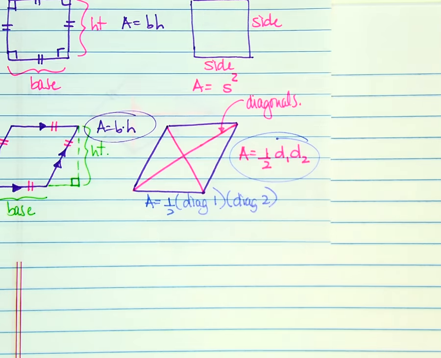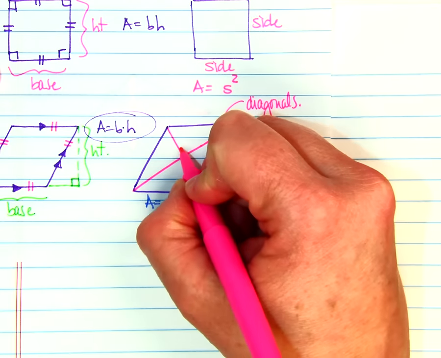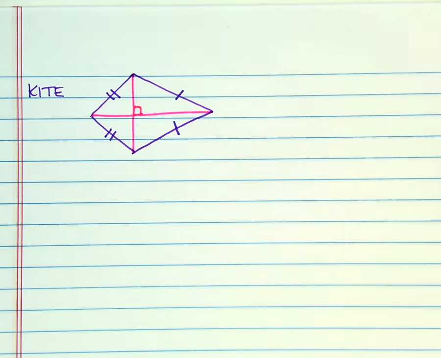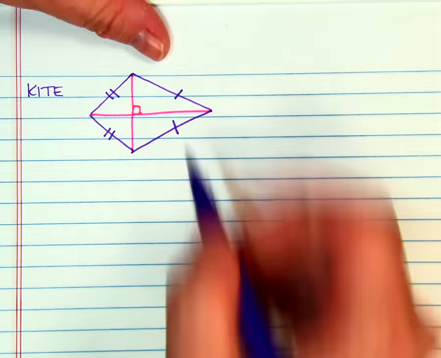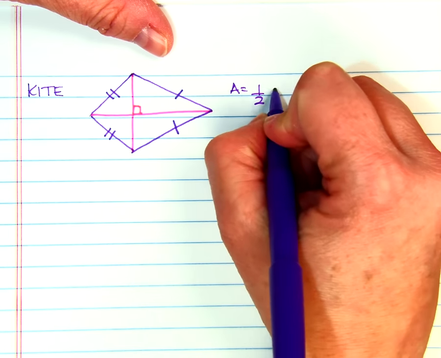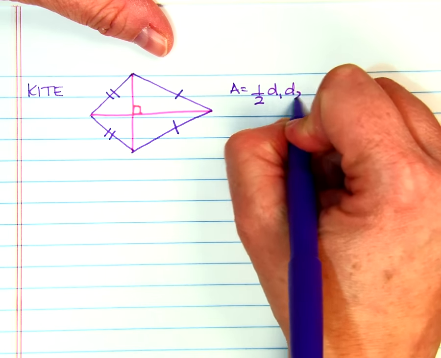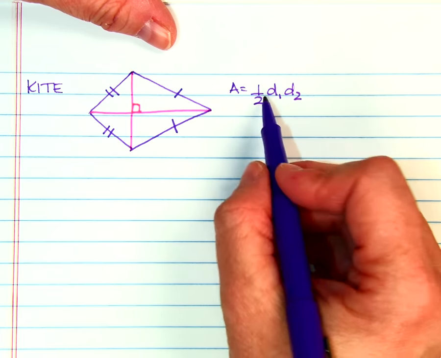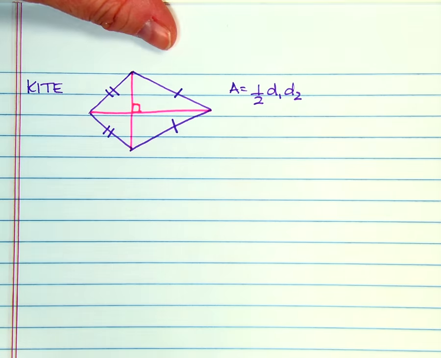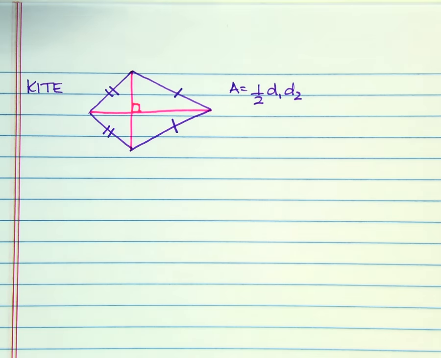If you remember from a rhombus, the diagonals are also perpendicular. So in a kite, it has the same formula as a rhombus. It is 1/2 d sub 1 times d sub 2, or half the length of the first diagonal times the length of the second diagonal.